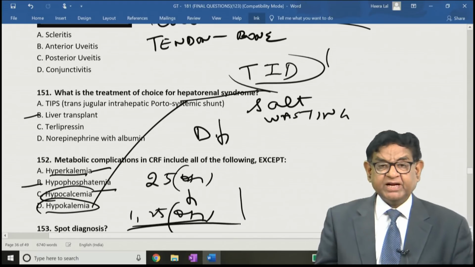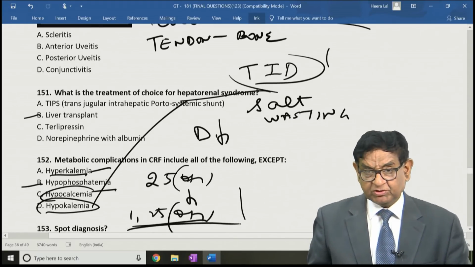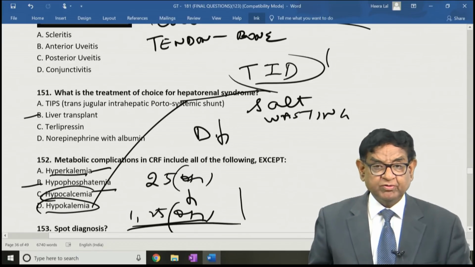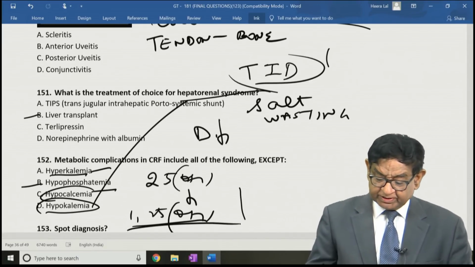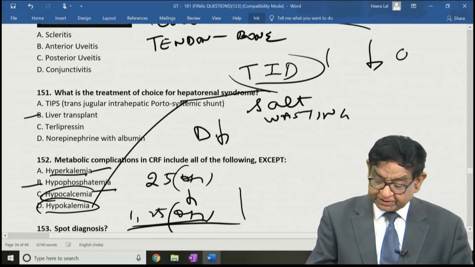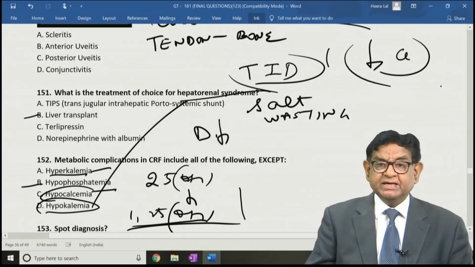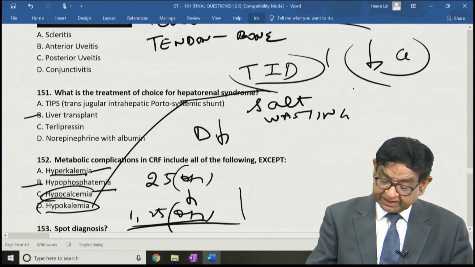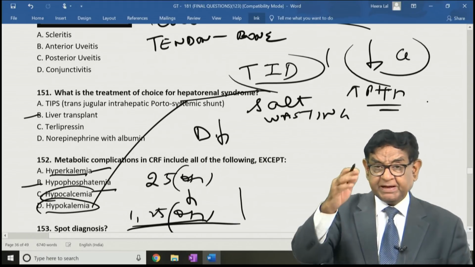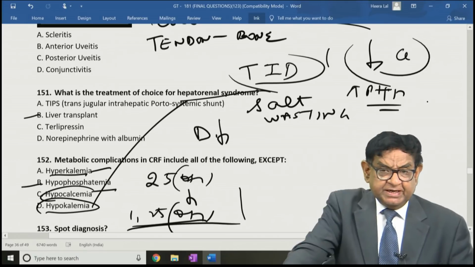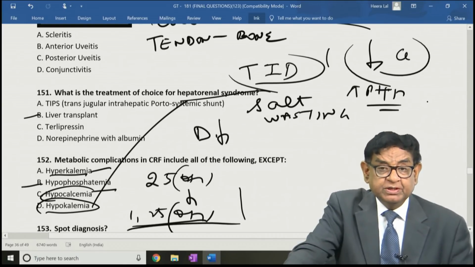As the kidneys are not functioning, the hydroxylation is not occurring, and the vitamin D level will go down. There will be reduced calcium absorption from the GIT, and that's why hypocalcemia occurs. That leads to increased PTH, so there is secondary hyperparathyroidism due to CRF.